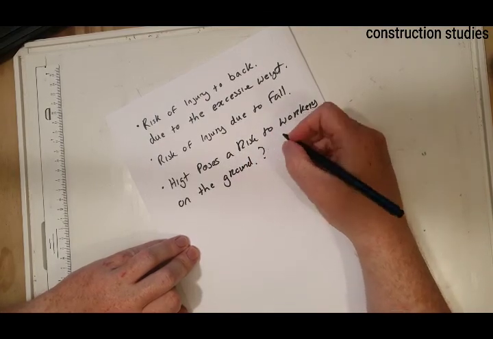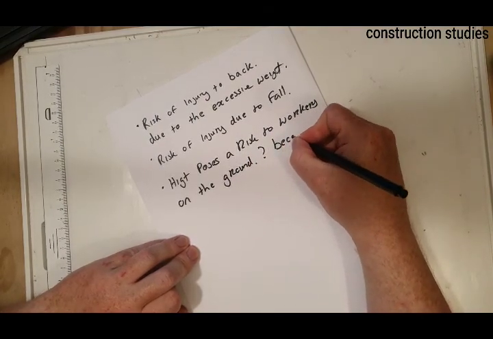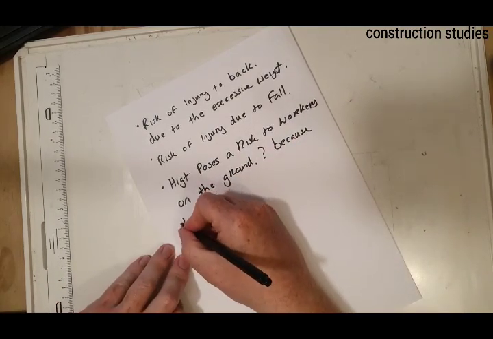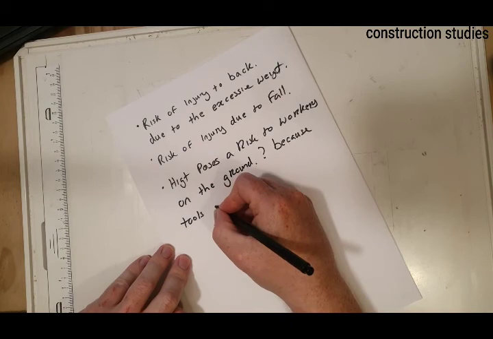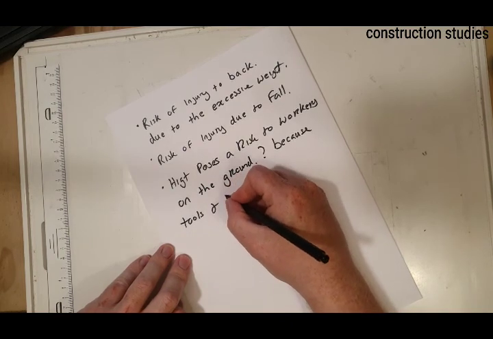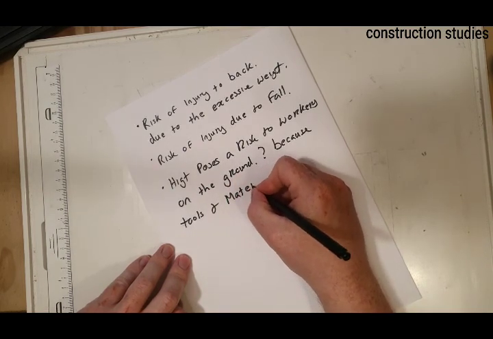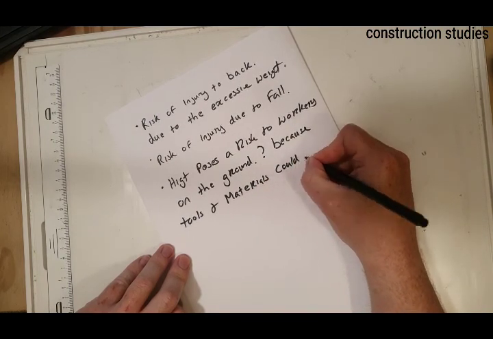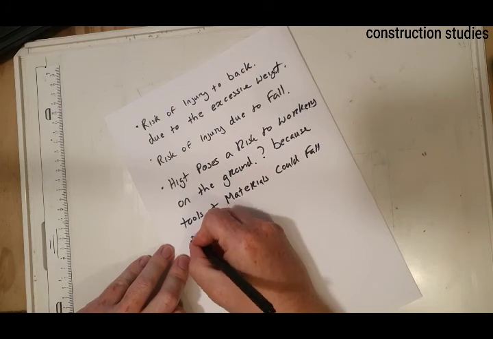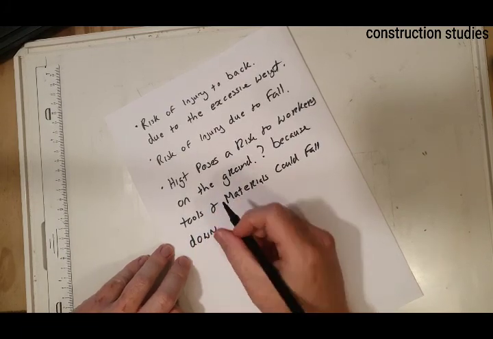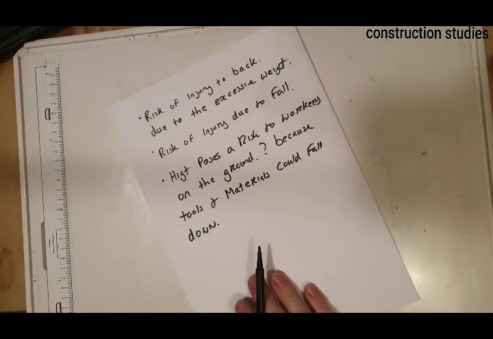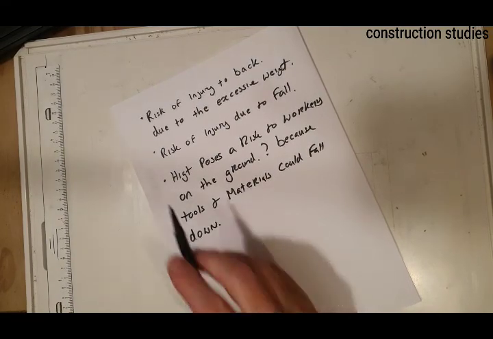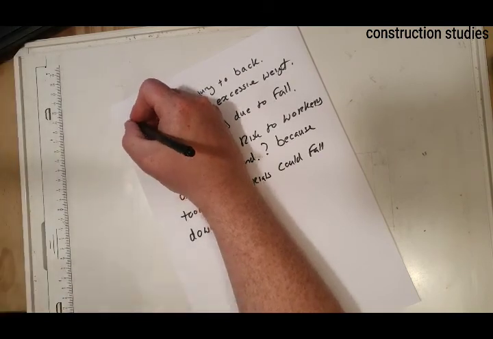Why is that? Because tools and materials could fall down. So there are 3 risks associated with fitting a windowsill to a second story building.